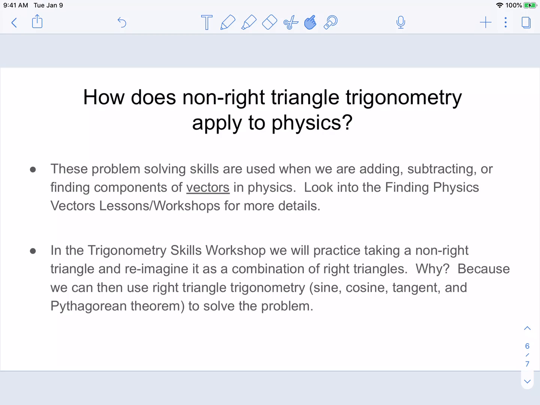The trig skills workshop that I'm going to be doing is going to be practicing these skills. So for the last lesson, right triangle trig, the workshop with that, we'd be doing a lot of right triangle practice.